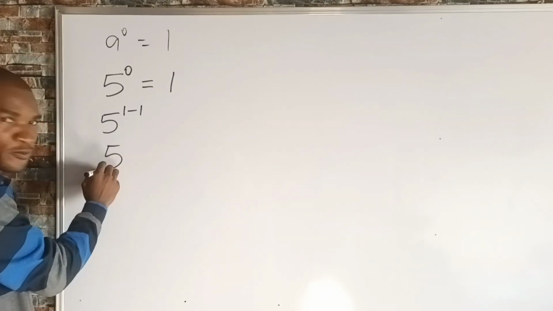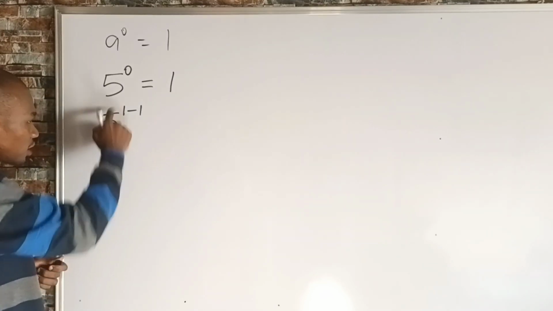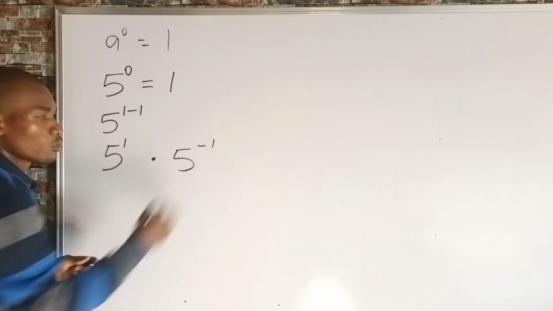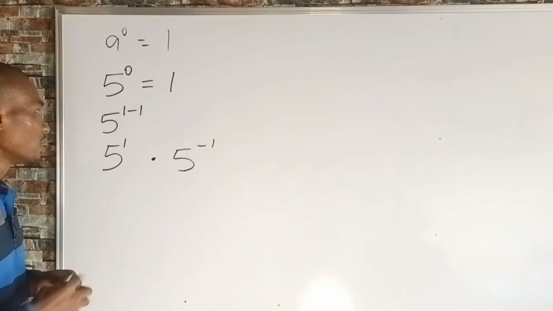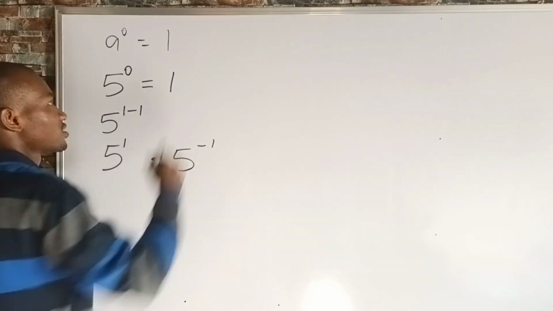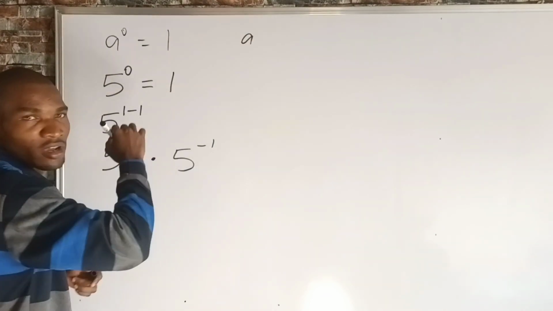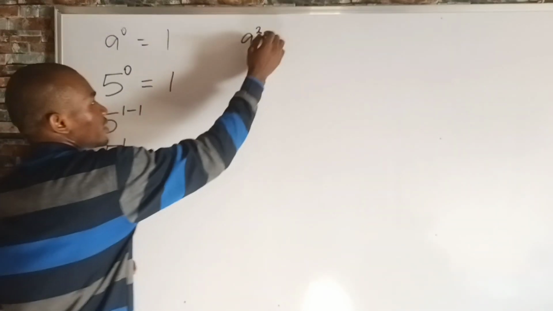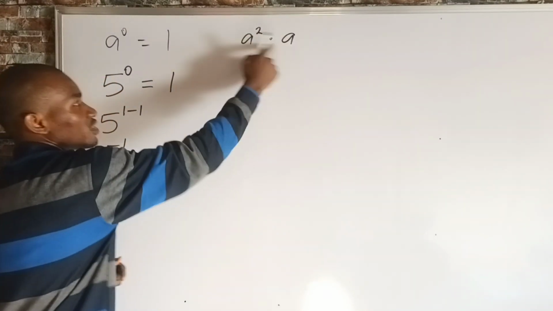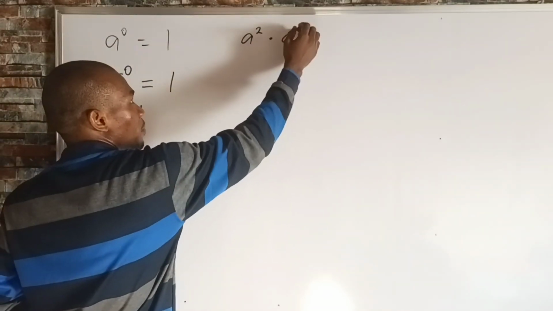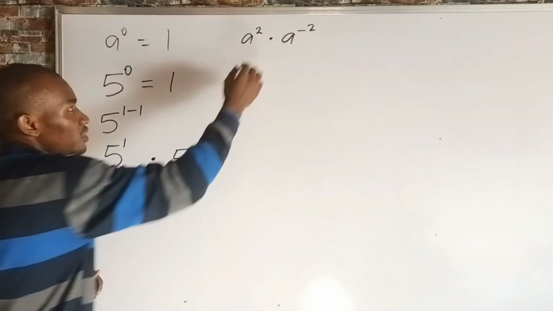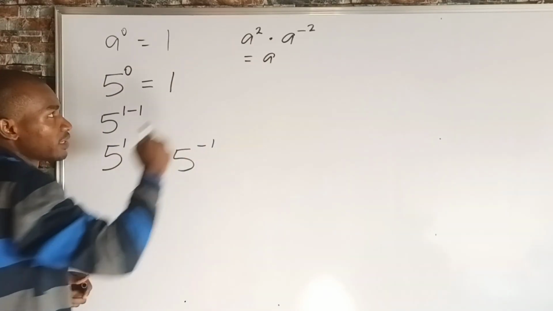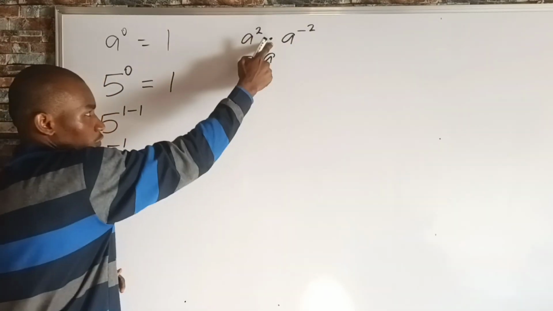And don't forget that 5 raised to the power of 1 minus 1 can still be put as 5 raised to the power of 1 multiplied by another 5 raised to the power of minus 1. Because according to the law of indices, if we have A raised to a certain power, assuming 2, then multiplied by another A, which is the same base, raised to another power, maybe minus 2, this is the same thing as taking one of the bases, which is A, then adding their powers because of the multiplication.